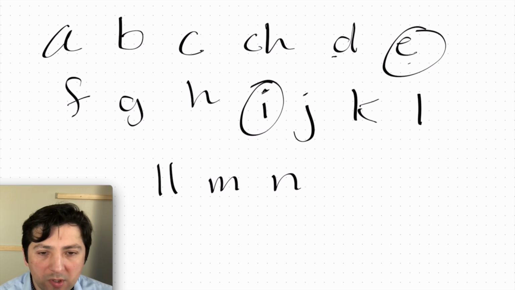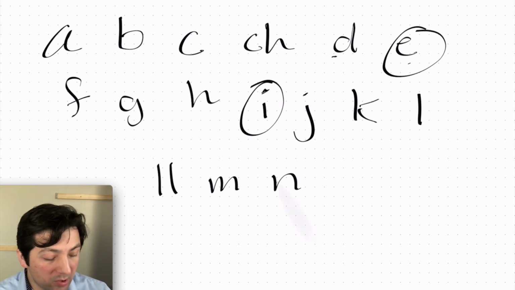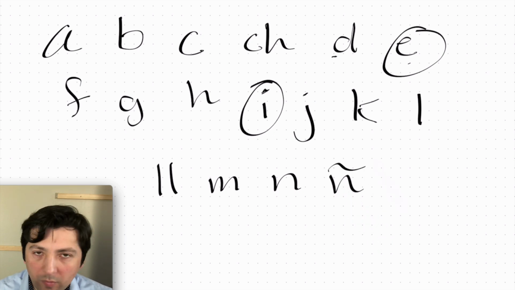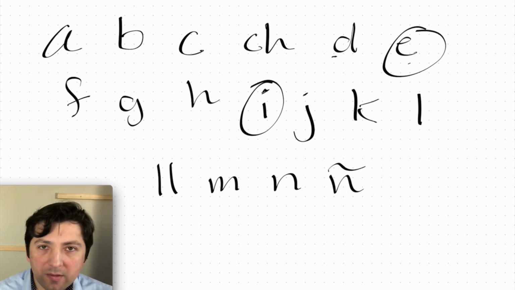The two yods. But going back to N, now we have ñ. Ñ, this is as Spanish as it gets. I mean, it would not be Spanish without ñ, which is a good thing they didn't do away with this letter completely.